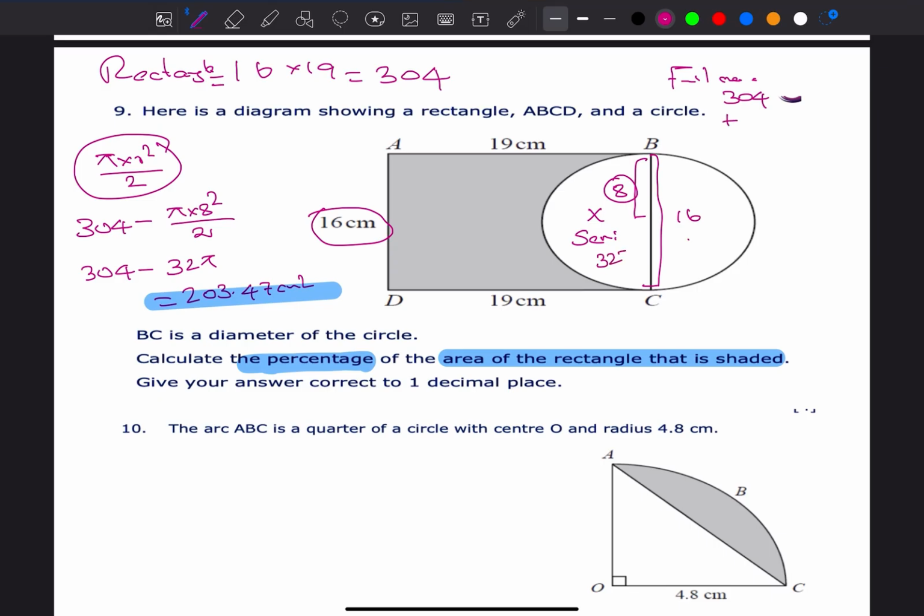If this semicircle is 32 pi, and this semicircle is 32 pi as well, because it's the same thing, plus 32 pi, which is 404.53. Now, they want that area as a fraction. So what do you do? 203.47 divided by 404.53. You multiply that by 100.